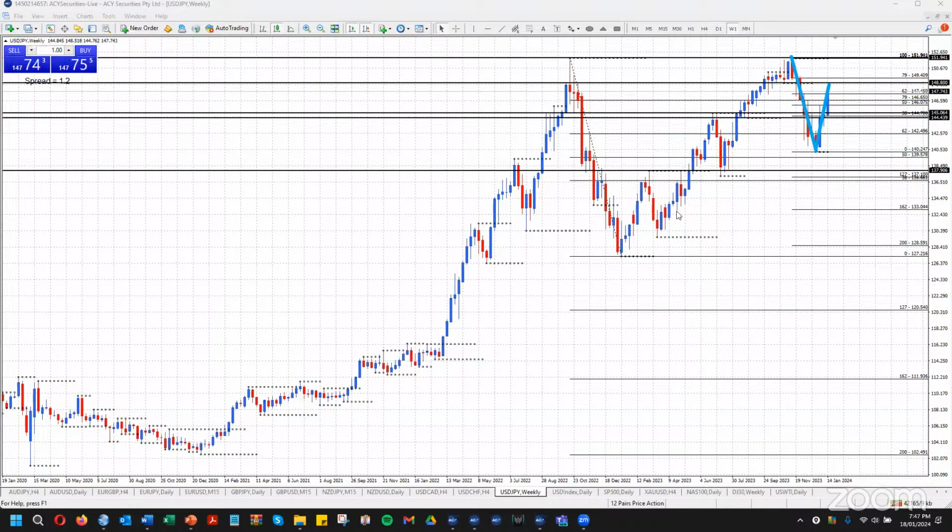Like I was saying on the pound yen and the euro yen, we're at very high levels after the decline that we've had. Same here on the dollar yen. Are we going to break above 148.80, or are we going to hold here? For me, we're very high up. We're getting into a sell zone, so I don't want to be buying into the sell zone.